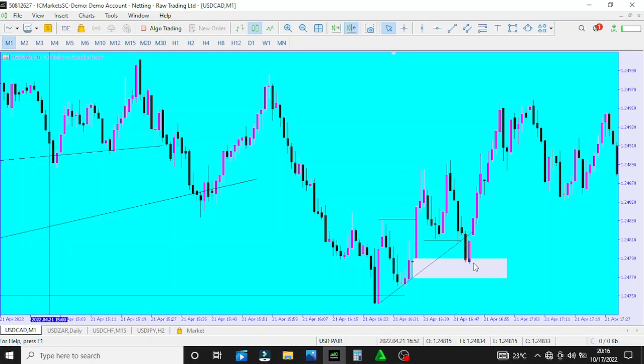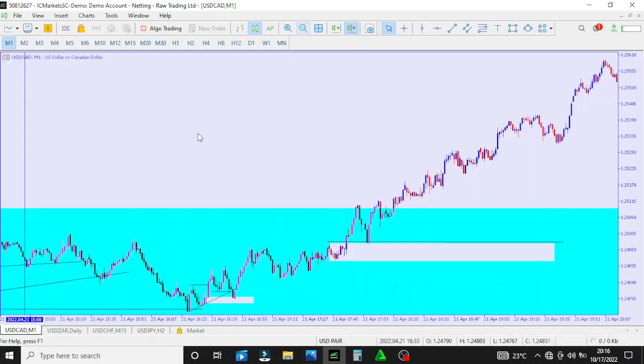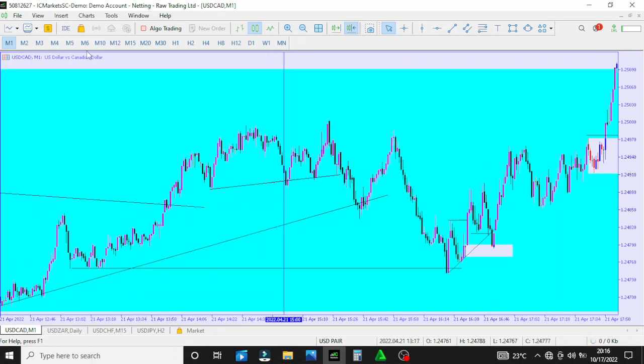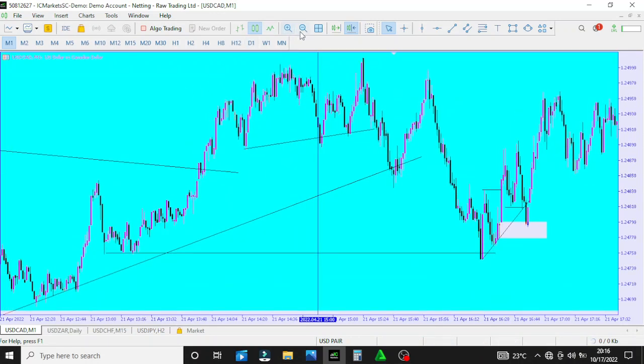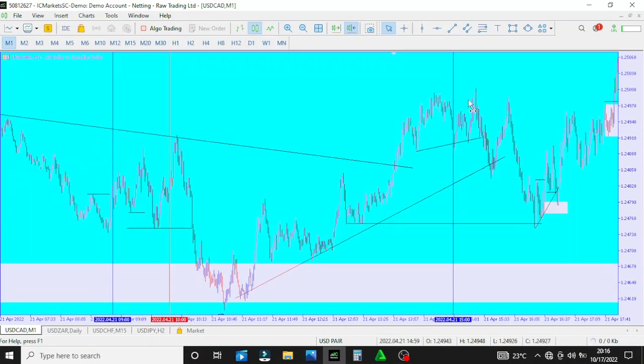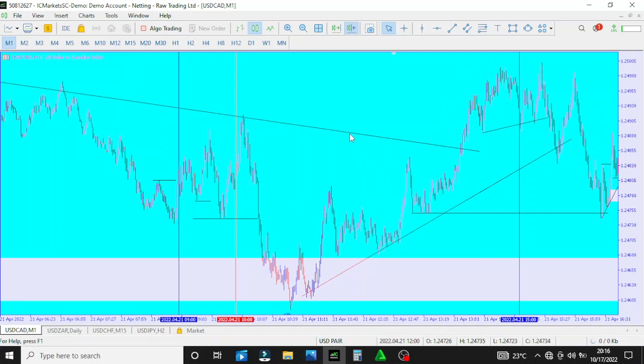Guys, there is no noise right here. It's pure price action. You see how each session led to another session, creating the liquidity that would be manipulated by another session.